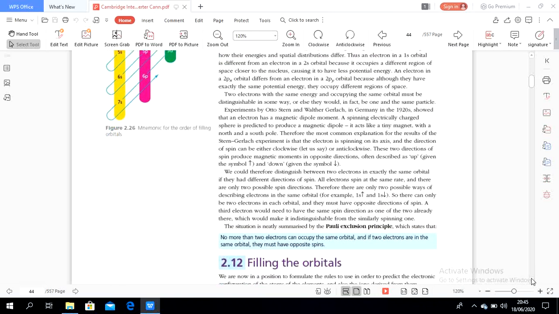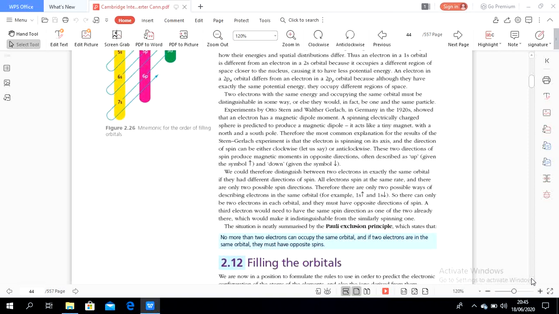Next, two scientists investigated and found that electrons have a magnetic dipole moment. There is a magnetic attraction. And then how do we express the magnetic attraction of the electron?